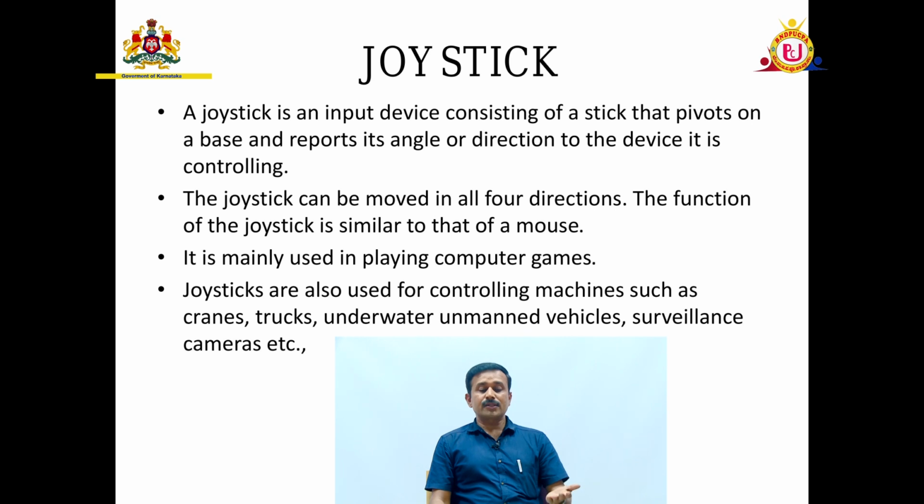Trucks, underwater animated vehicles, surveillance cameras, and in many more places we use this device called joystick. Generally it will move in all four directions. The function of the joystick is similar to the mouse. In the case of a mouse we can also move diagonally, but here it's not like that, only four directions are used. So it is a control panel.